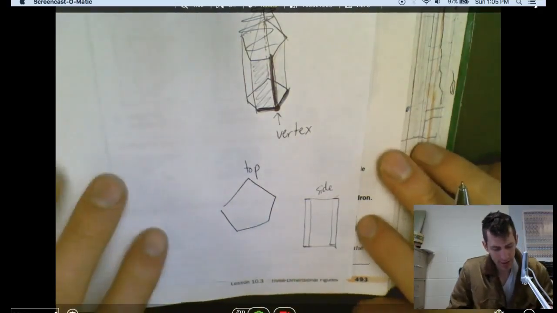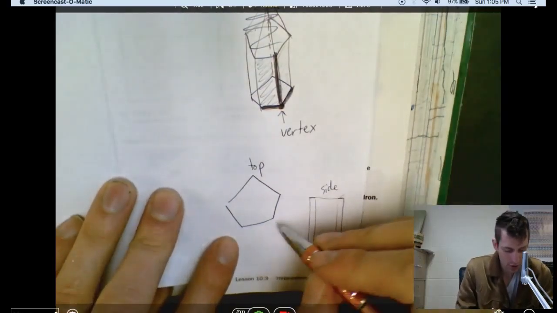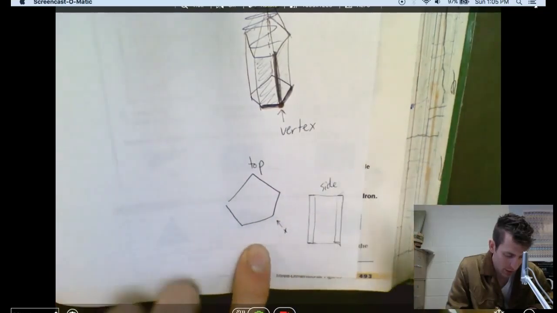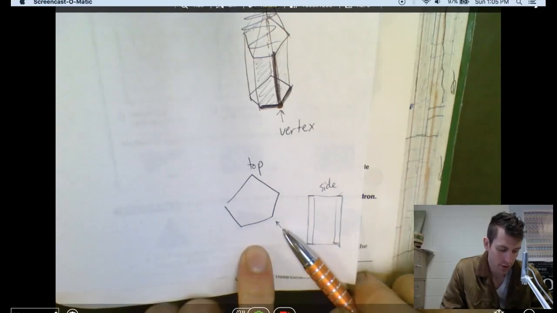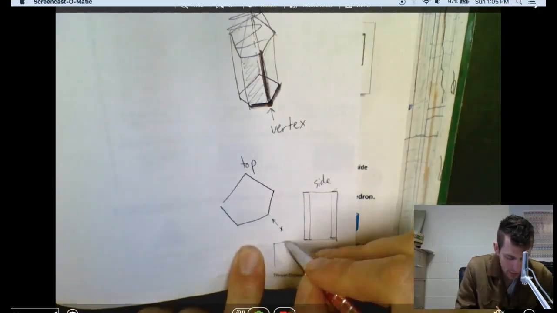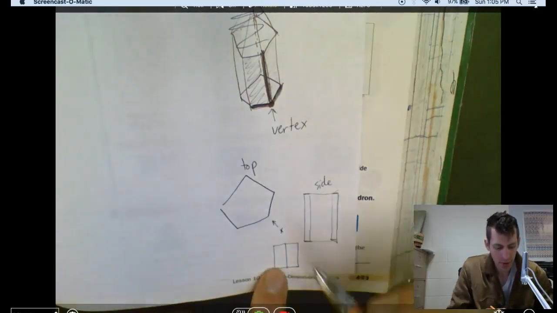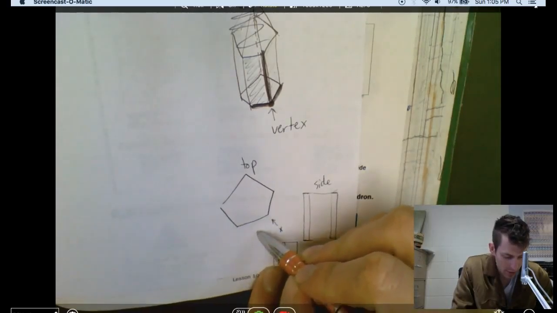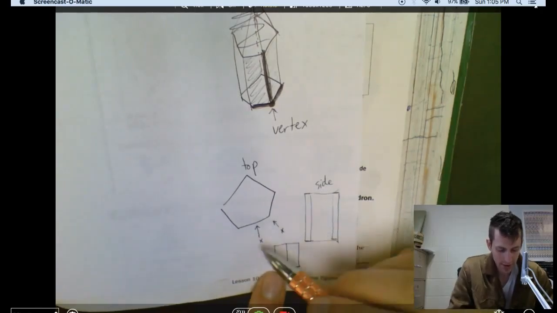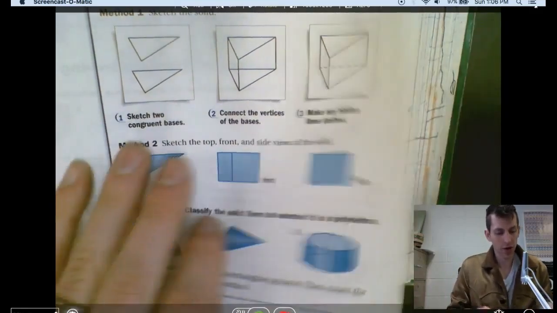And then maybe a front view. If I was standing right here, looking this way at the pentagonal prism, I might see what would look like this, wouldn't I? Whereas if I'm standing right here at the side, or the front, whatever you want to call that, I would see that. So, anyway, 2 different ways to draw these guys out.